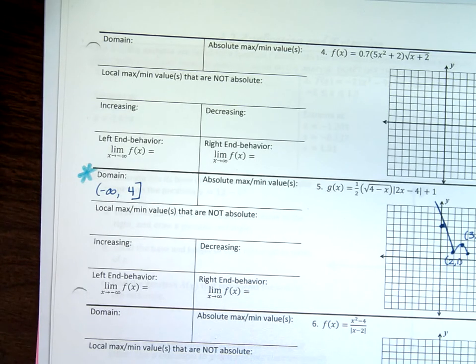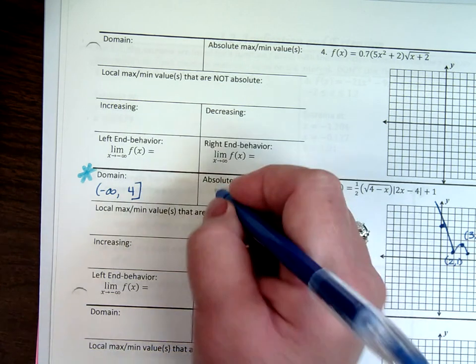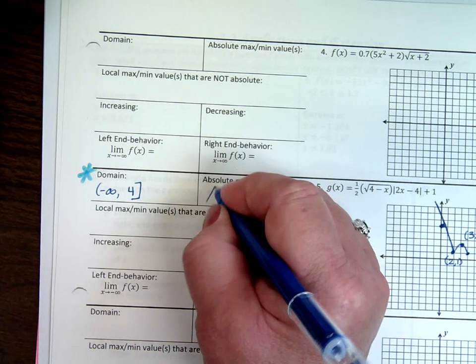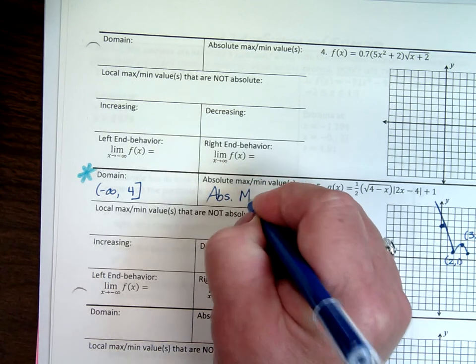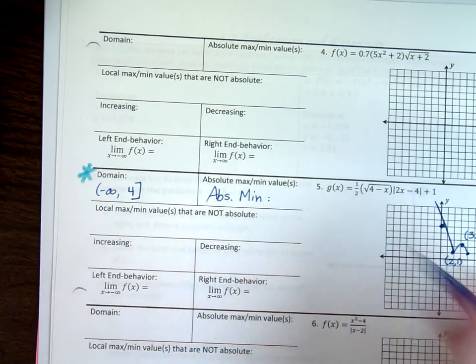And then it's looking for, does it have any absolutes? So if I look at this, does it have a highest point overall, like looking at the whole thing, or a lowest point overall? And it actually does. It has a lowest point overall, and the lowest point, it doesn't go any lower than 1. So I have an absolute minimum, because that's the lowest it goes. And I have 2 coordinates that give that to me.